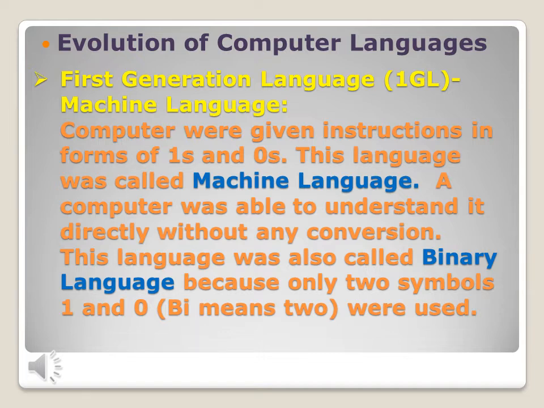The computer was able to understand it directly without any conversion. This language is also called binary language because there are only two symbols, 1 and 0, and bi means 2. So, this is also called the binary language.